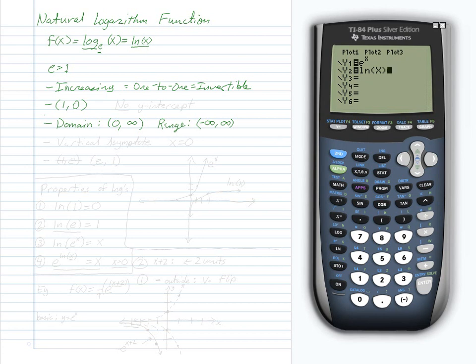This function has no y-intercept, since, as we saw in 6.2, the logarithm with a base of e is the inverse of the exponential function with a base of e. The old exponential function had no x-intercept, and that is why our inverse function, the natural log, has no y-intercept.